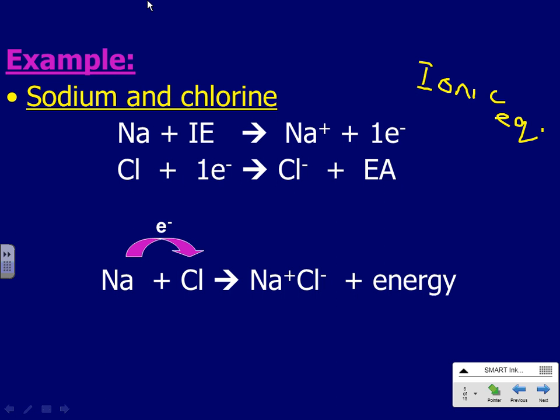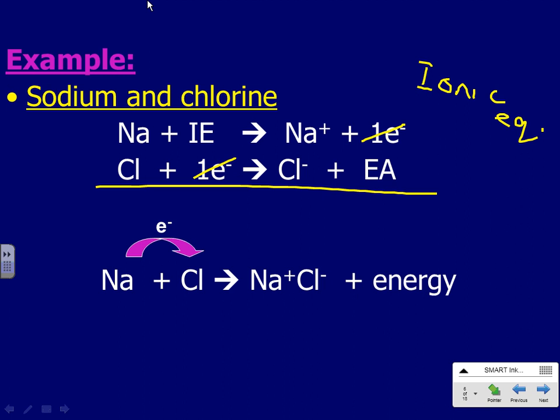In actual fact, it's just a transfer of the electron. So if I were to add these two equations up, because you can do that with chemical reactions, you can literally add them like you add algebraic expressions. If I had an x over here and an x over here, I could cancel them away. That electron is the same as that electron.